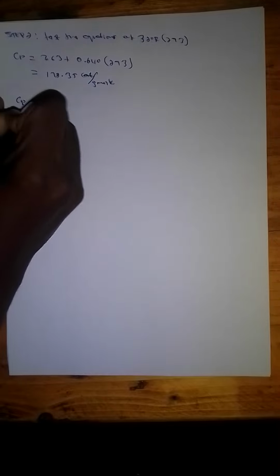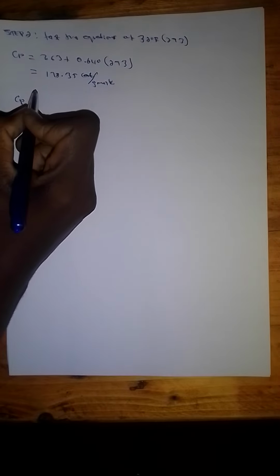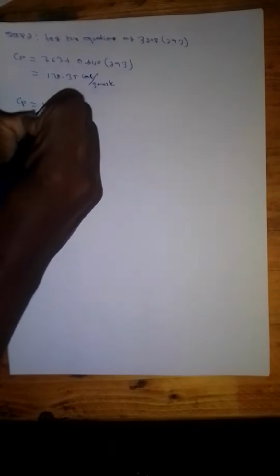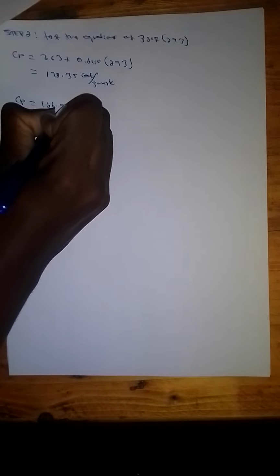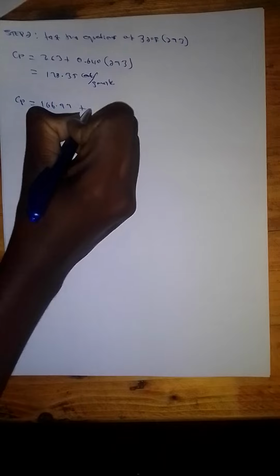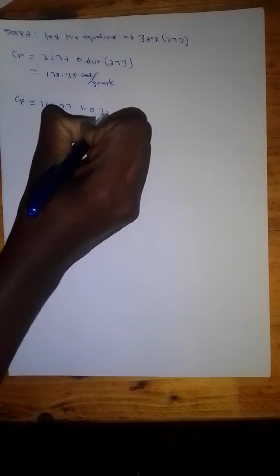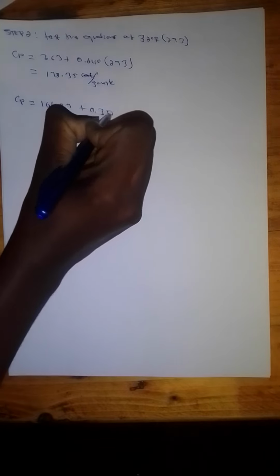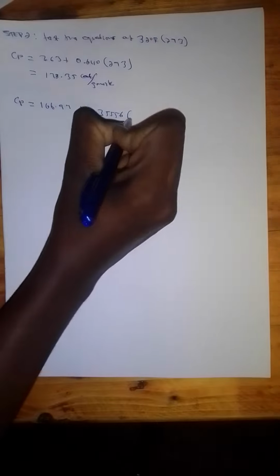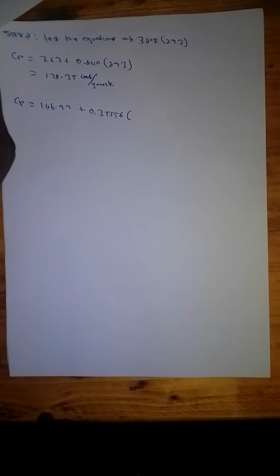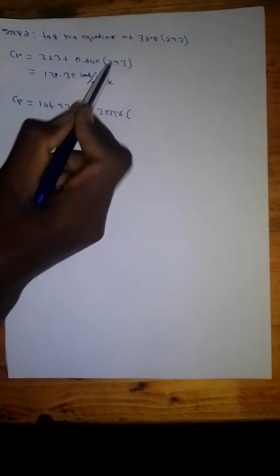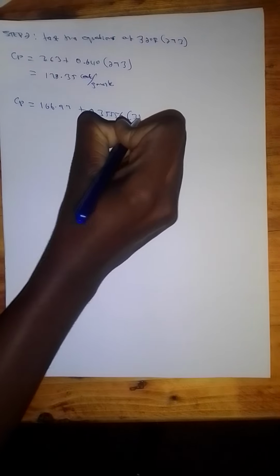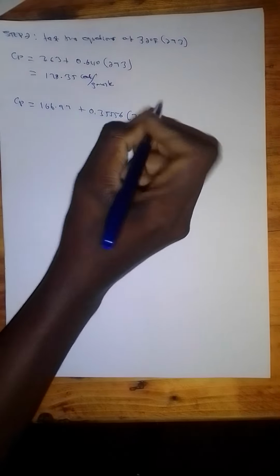Now the second equation is Cp equals 166.97 plus 0.35556 times T. Our temperature here is in degrees Fahrenheit, and we know that 273 Kelvin equals 32 degrees Fahrenheit.